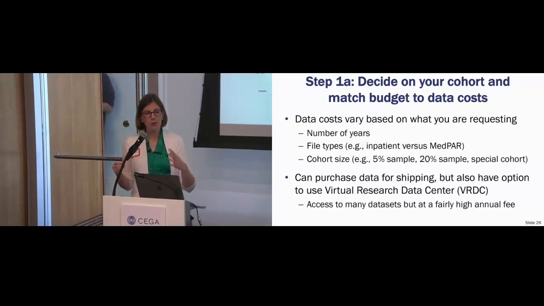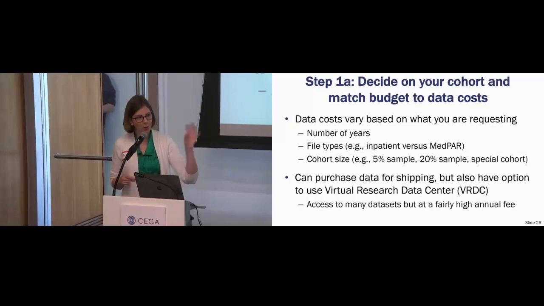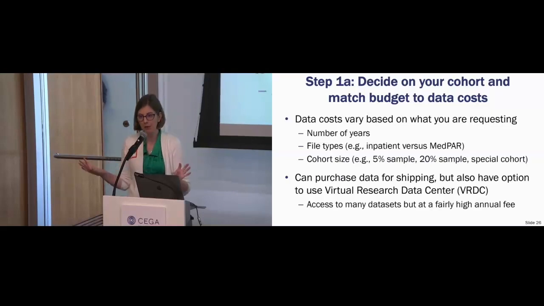So you can choose to purchase the data and have it shipped to you. But you also have the option to use what's called the Virtual Research Data Center, or VRDC, where you purchase a seat and a programmer or somebody working with you logs onto the system and is able to work with all of the files that you've requested access to.